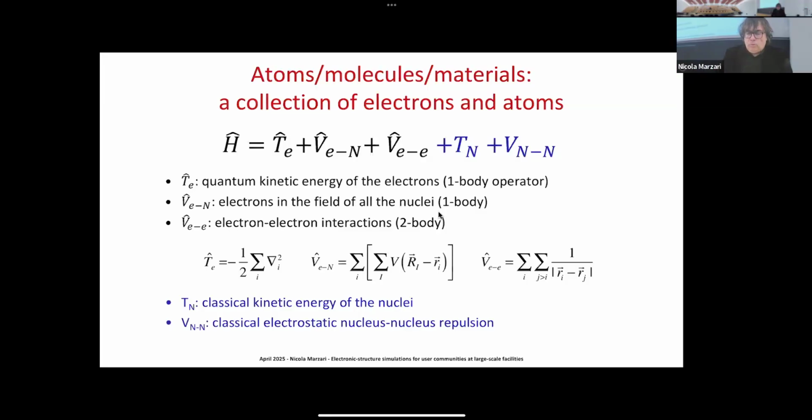And so what are the main players in determining the energetics of these 10 electrons, 2 protons, and 1 oxygen is the curvature of the wave function.